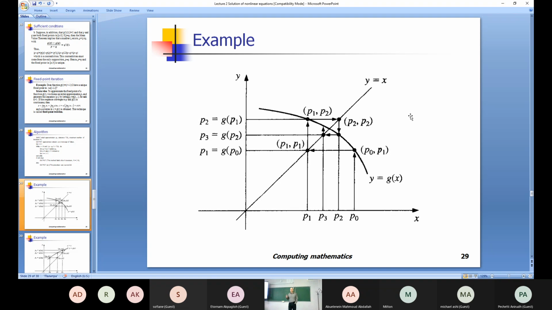When should we stop the process? For example, we should stop it when P n minus P n minus 1 becomes smaller than a given number.